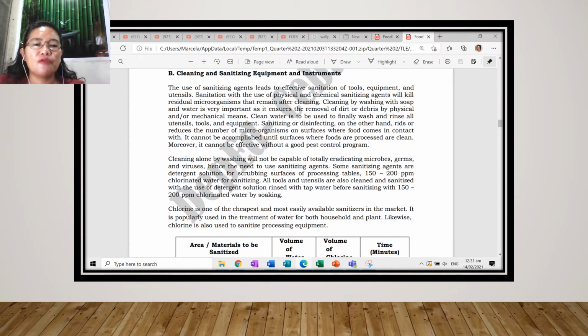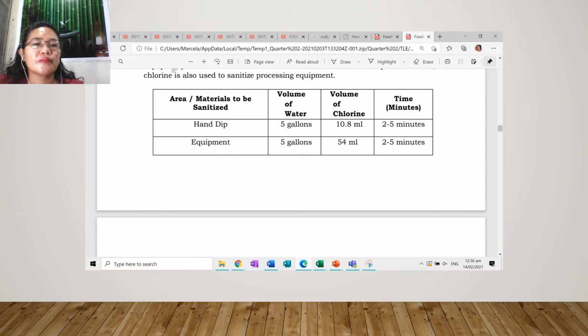So we have four columns here: the area or materials to be sanitized, the volume of water, the volume of chlorine, and the time in minutes.